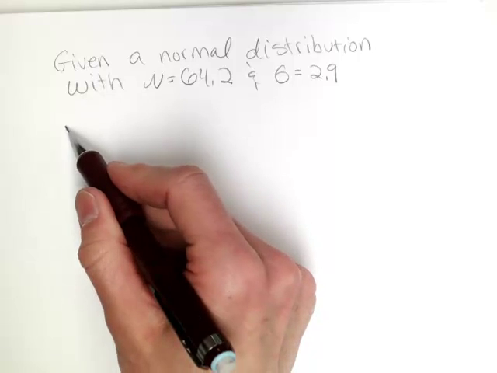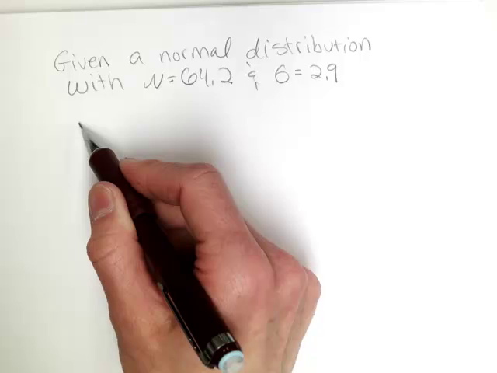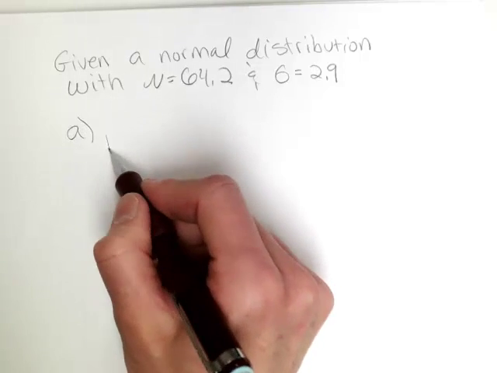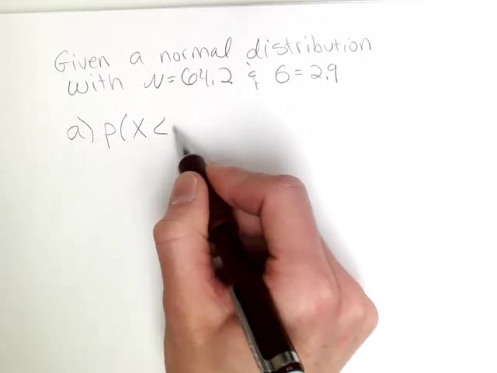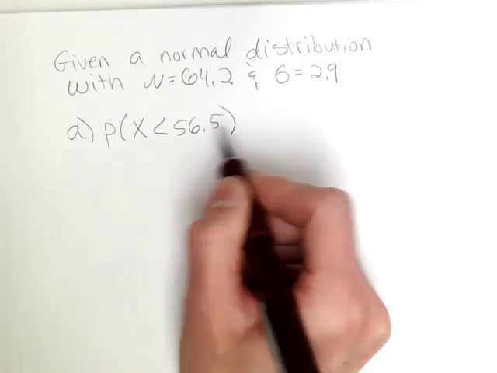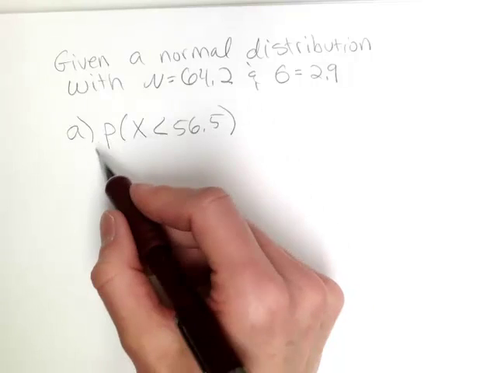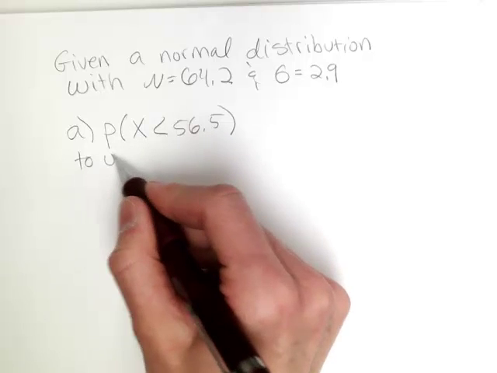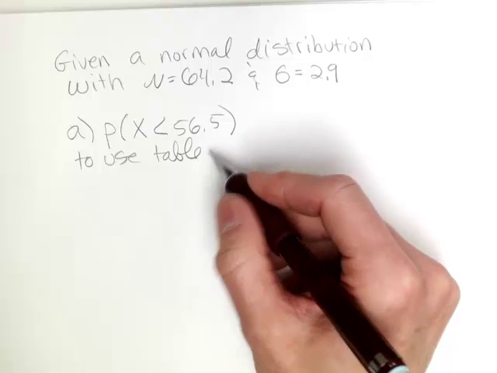Okay, so for part A, we want to find the probability that a randomly selected woman is less than 56.5 inches. In probability notation, that's the probability x is less than 56.5. Now I can't use the letter z here because I haven't standardized yet. So to use the table, we have to standardize. In other words, we have to convert to a z-score.